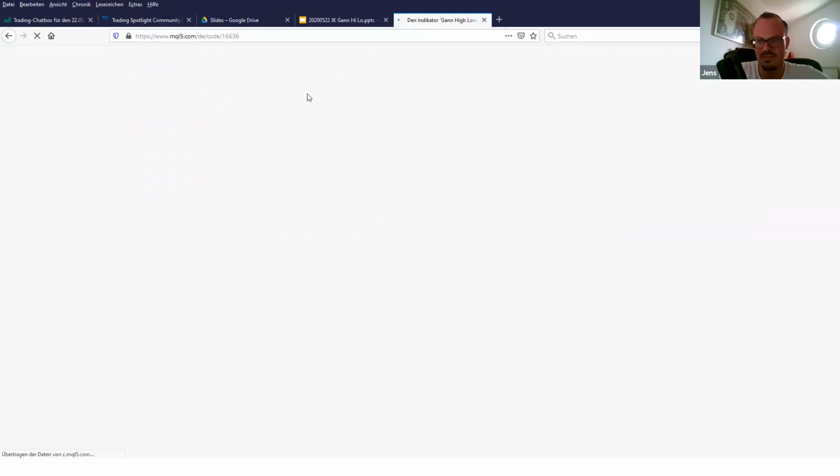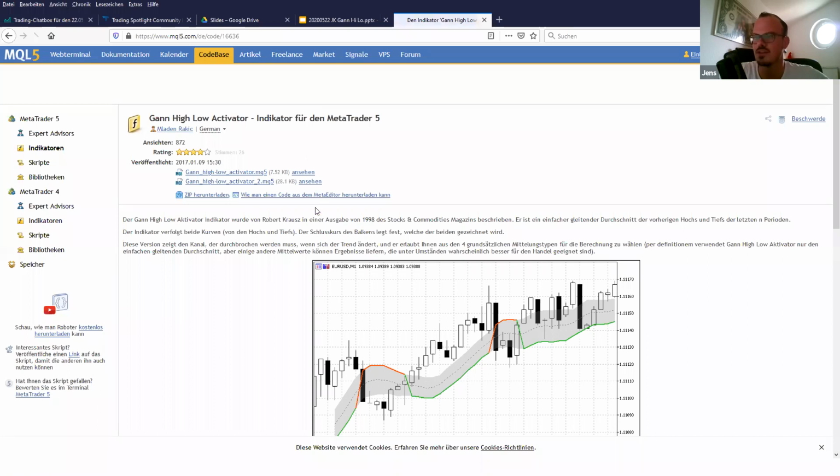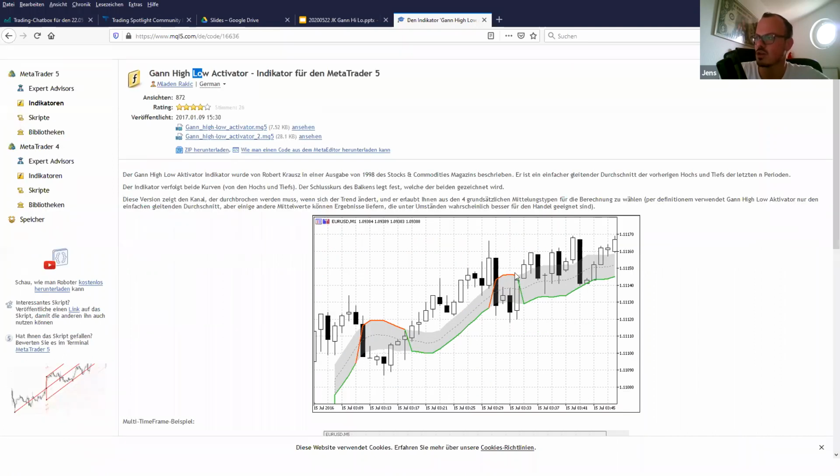Within your MT5, it's possible to go via the marketplace button and then just type in Gann HiLo, HILO, for example, HiLo activator. You will see this occurring in the charts I prepared at the end in regards to the long and short setup. But just to let you know, it's not a standard indicator.